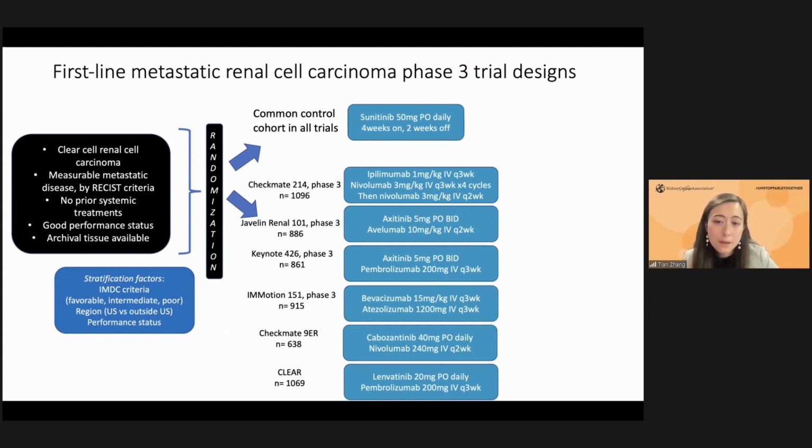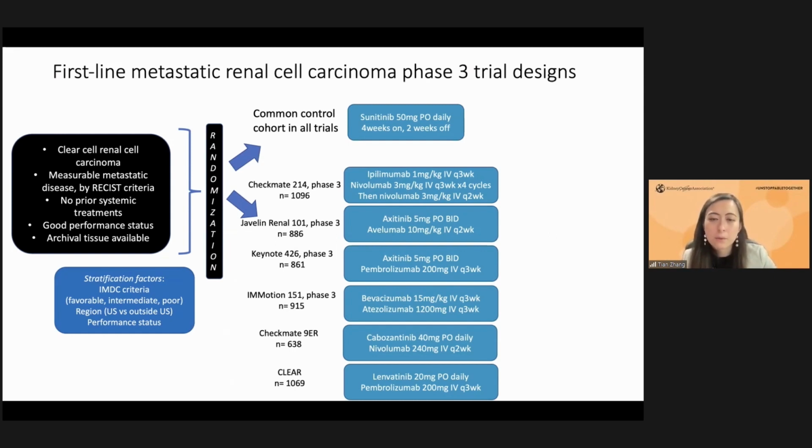Many of you may be on this combination. IMmotion 151, bevacizumab and atezolizumab. Now, this trial did not reach registration. It did not meet the primary endpoints. But there are very interesting molecular features that we'll talk about. Checkmate 9ER, which was cabozantinib with nivolumab, and CLEAR, which was lenvatinib and pembrolizumab.